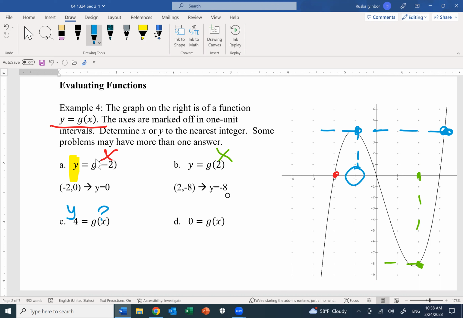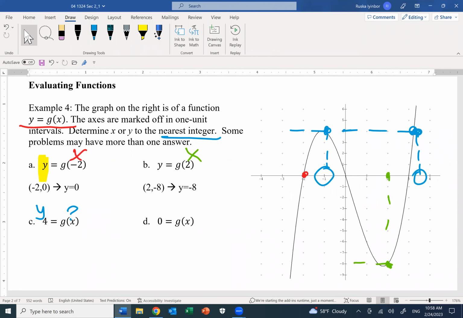And then when I go down, it's going to be about 3 point something. It's right after 3, over here somewhere. Let's say 3.5. In examples like this, we can approximate. It says to the nearest integer. So looking at this graph, it's between 3 and 4, but closer to 3 actually.